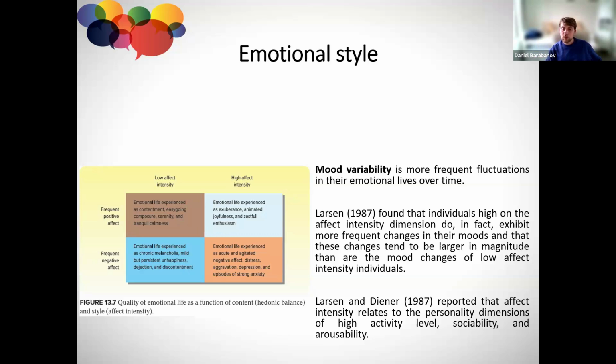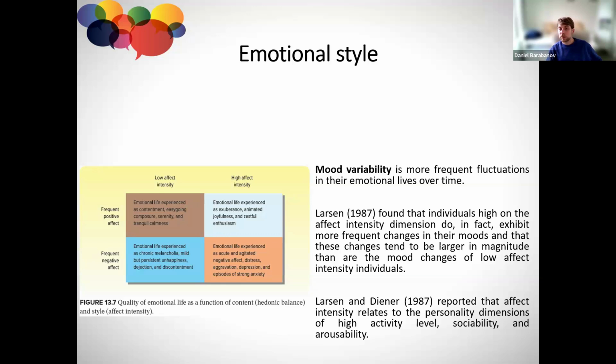Also, people can experience frequent positive affect and frequent negative affect. Again, unfortunately, some people who score high on neuroticism are prone to experience frequent negative affect, or they get upset, angry, anxious in a wider range of situations.